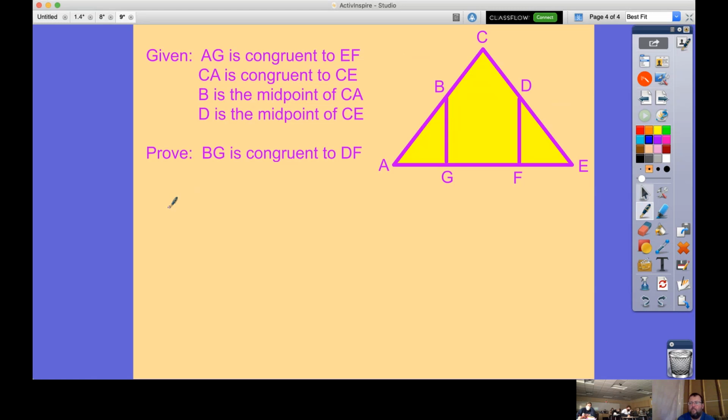All right, so once you get all that written down, then, like I said before, take your free points here. AG congruent to EF. Mark that up on there. CA congruent to CE.